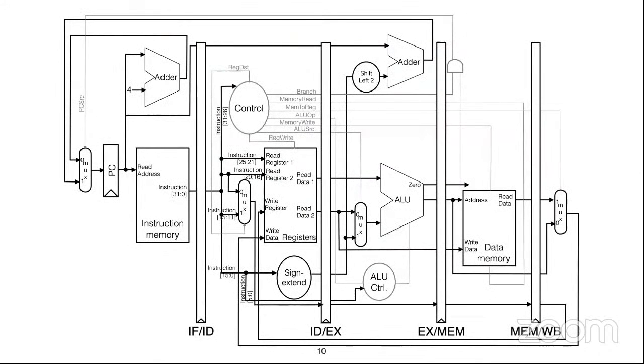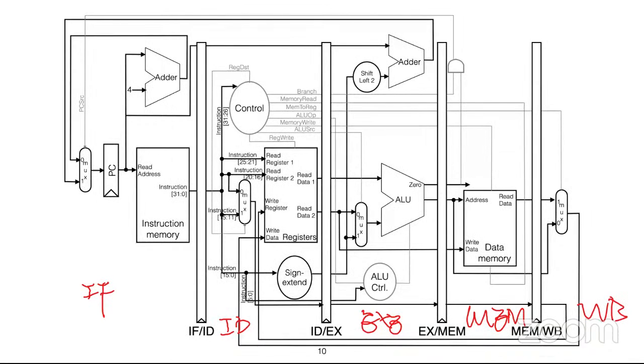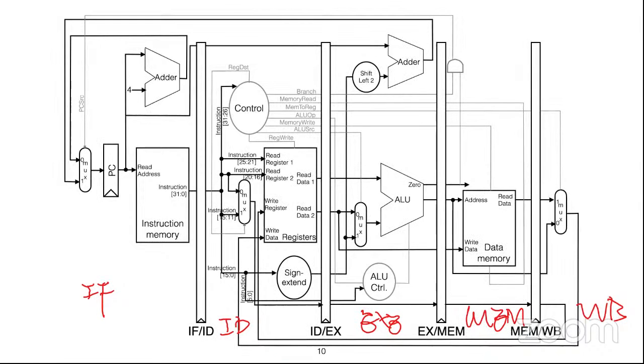So you probably never pay attention to this graph. What I can tell you is this is the instruction fetch stage, this is the instruction decode stage, this is the execution stage, this is the memory stage, and this is the write back stage. Fortunately, because this is a graduate level course, I'm not asking you to understand what's going on in detail. But even so, there are still things you have to pay attention to in how we implement data forwarding.